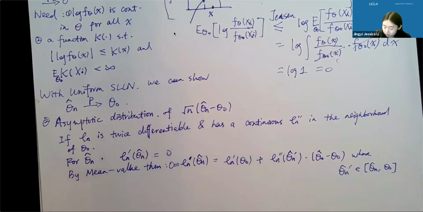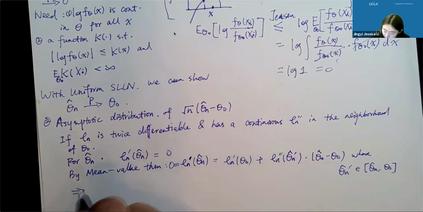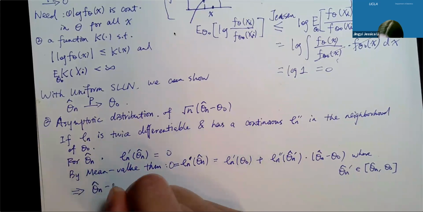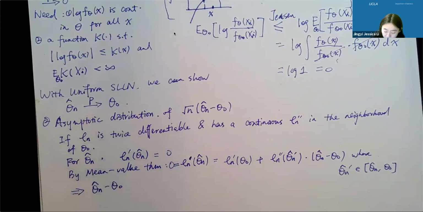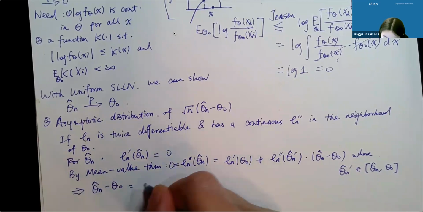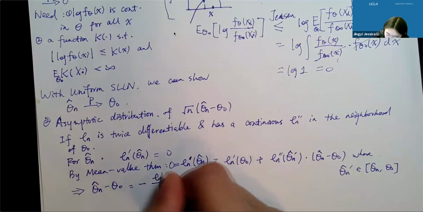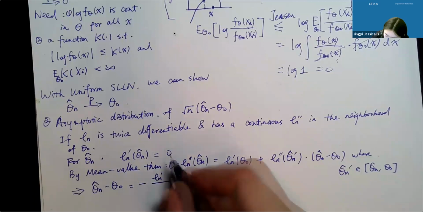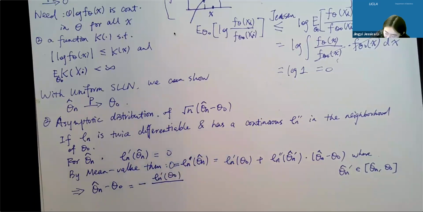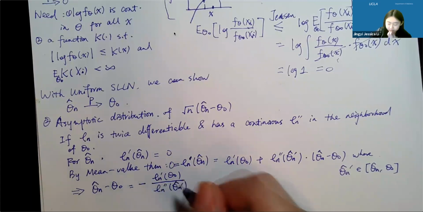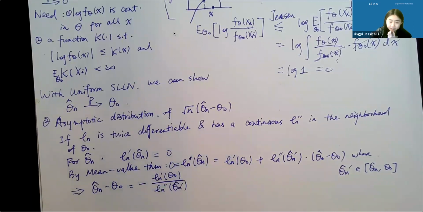So with this result, I can obtain that theta n hat minus theta 0 is equal to negative the first derivative at theta 0 divided by the second derivative at this theta n hat prime. Okay, so I have that.